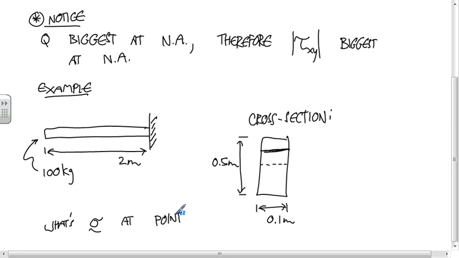So what's the total stress tensor at any of the points midway between the neutral axis and the top? And we also have to choose a location along the length because it's going to vary. These stresses are going to vary along the cross section, but they're also going to vary along the length. So let's do it at the midpoint.